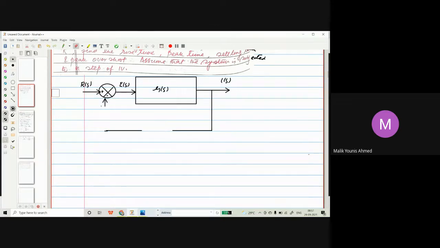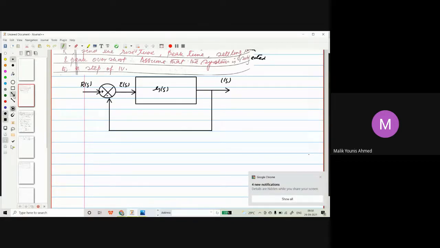It's a unity feedback, so we'll be drawing the unity feedback. Now we have a unity feedback, and what we are having here.